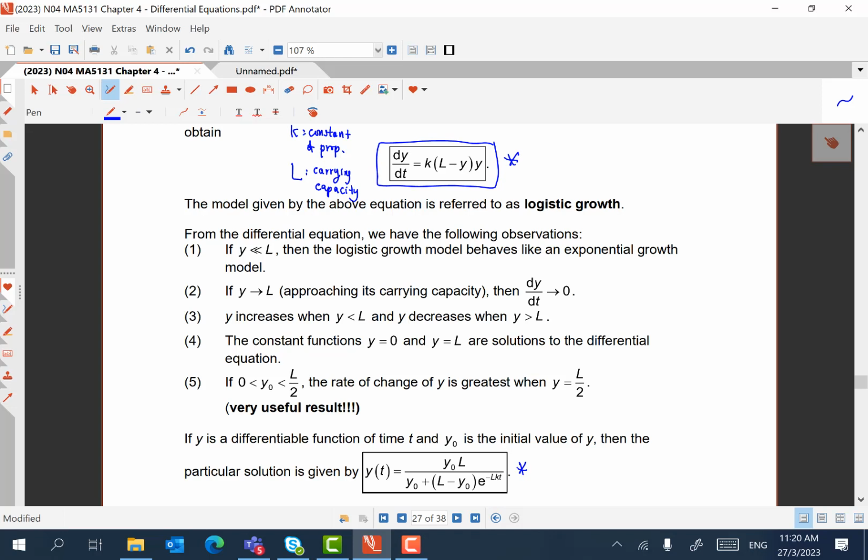So far, there has never been a test question or exam question, whether in school or in the AP exam, that asks you to prove it. That is why I don't remember putting the proof in the notes. Which means you want to memorize, not just the solution, you also memorize the equation.